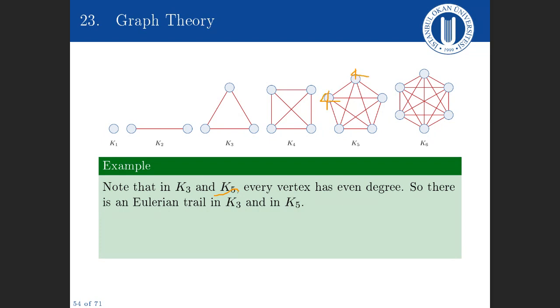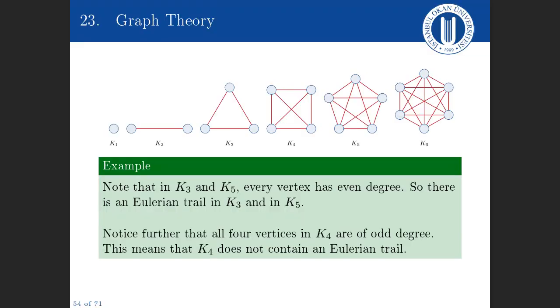Even number, even number, even number, even number, even number. So the theorem says there exists an Eulerian trail in K5. But there does not exist an Eulerian trail in K4, because if we count the degrees, degree 3, degree 3, degree 3, degree 3, all 4 vertices have an odd degree. So by the theorem, there does not exist an Eulerian trail in K4.